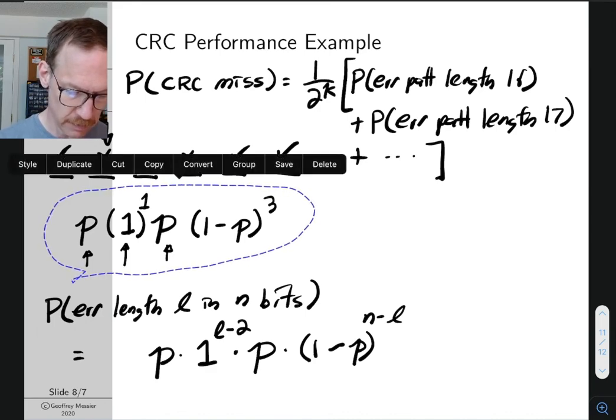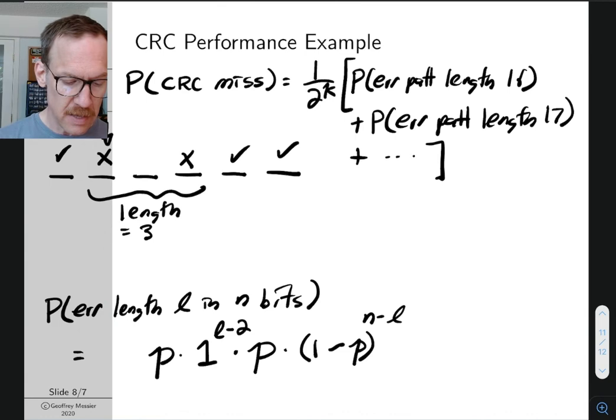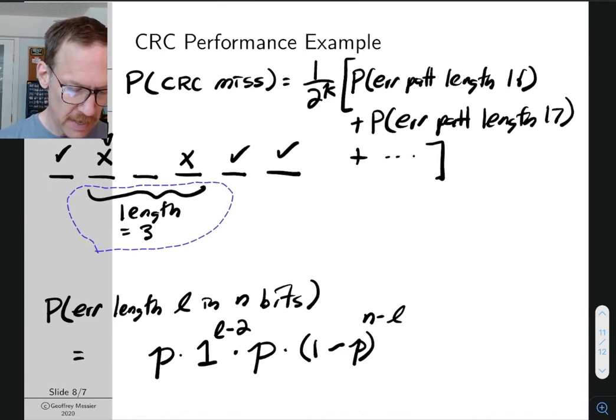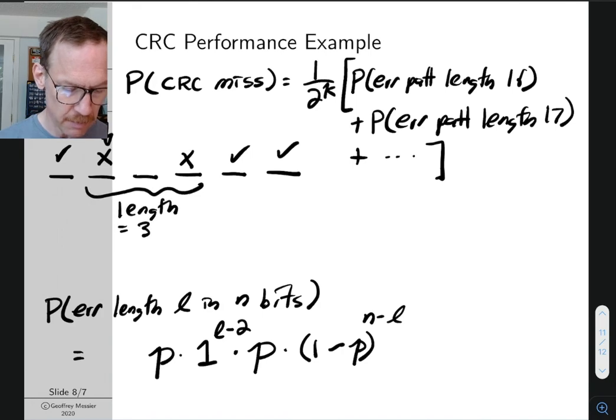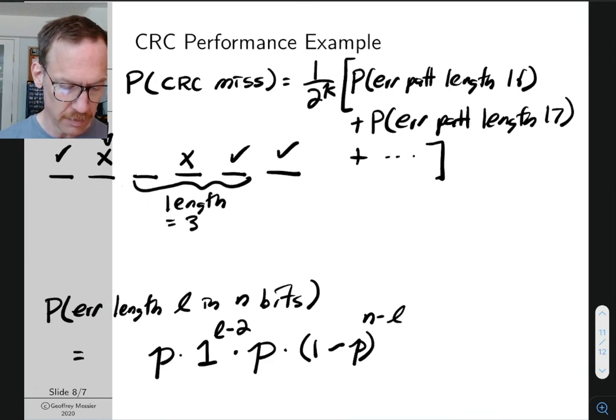However, in general, remember we said that our length was equal to 3, right? It just so happens that we lined up with the second bit, but we could have an error pattern of length 3 that starts on the first bit, the second bit, the third bit, or the fourth bit.